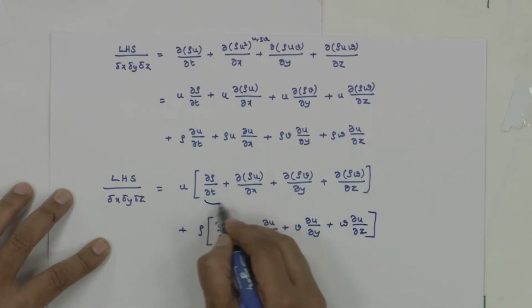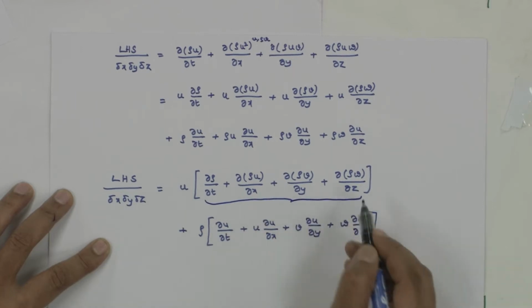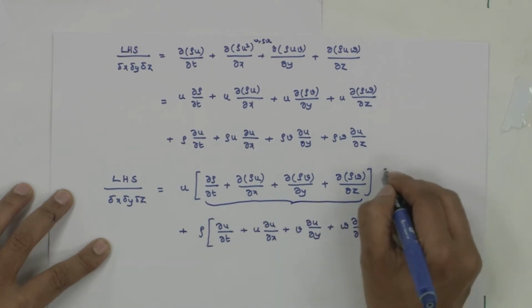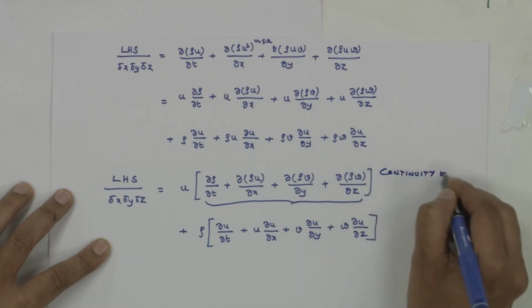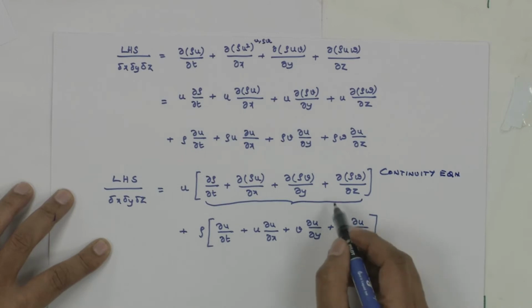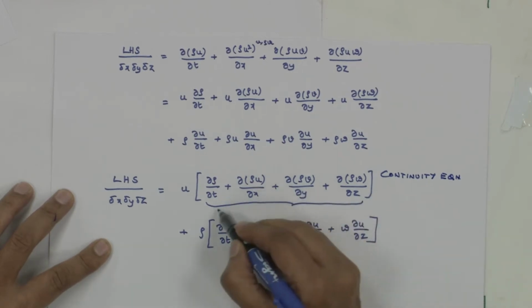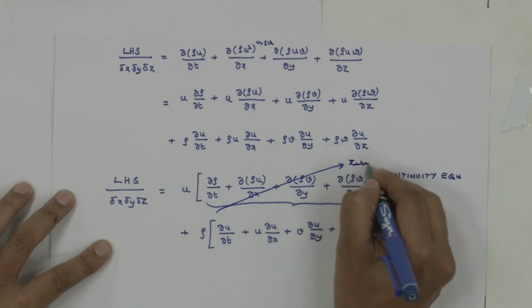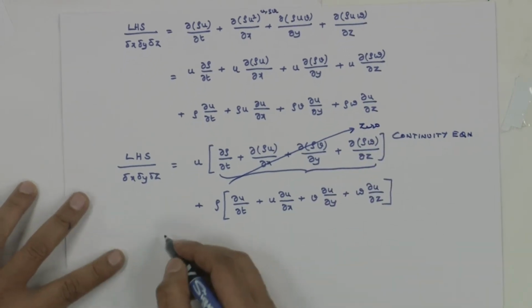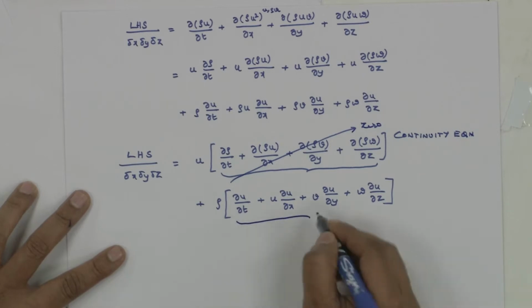Please notice what this equation is. This equation is nothing but my continuity equation. So by the continuity equation, which I told you we are going to use while deriving it, this vanishes, this is 0. So I am left with, and also what is this term by the way?